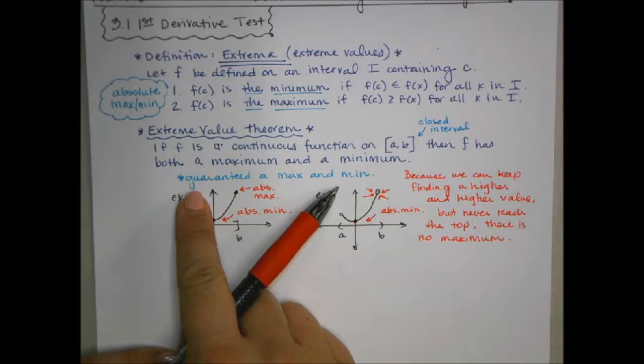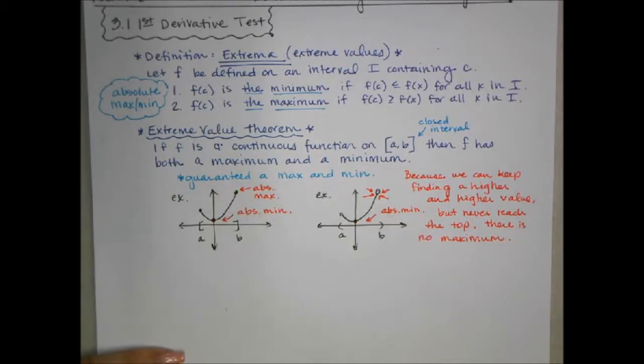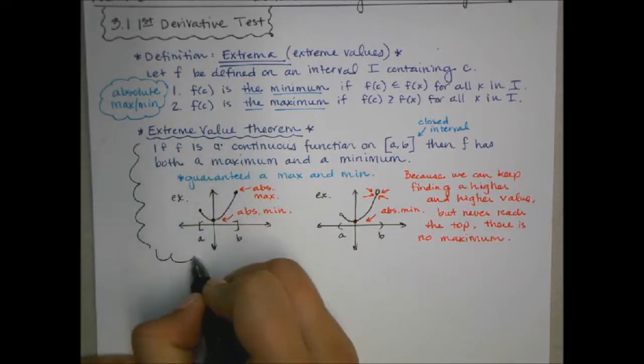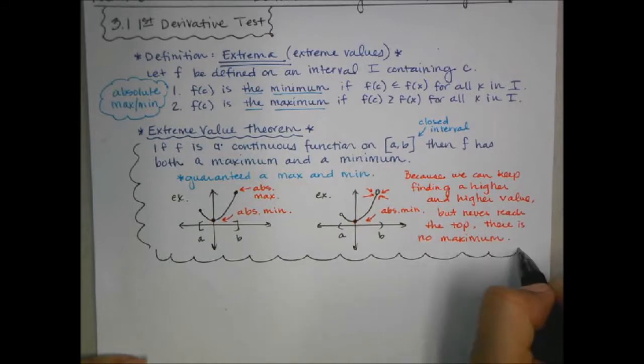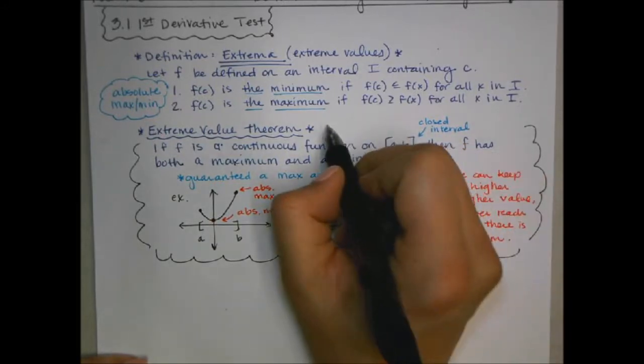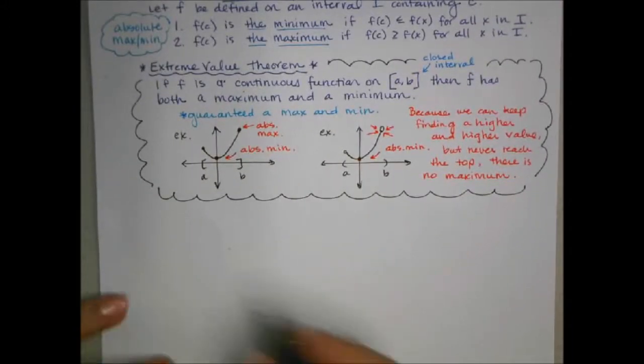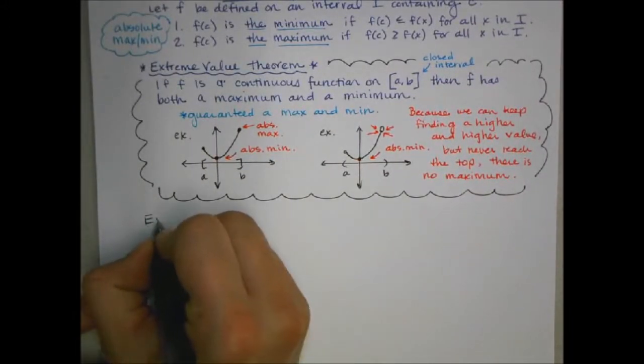The absolute maximum is still just that same y value each time. And we'll get into some problems that involve this later on. So let's look at a few examples.